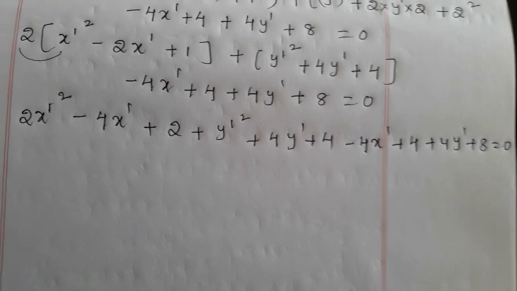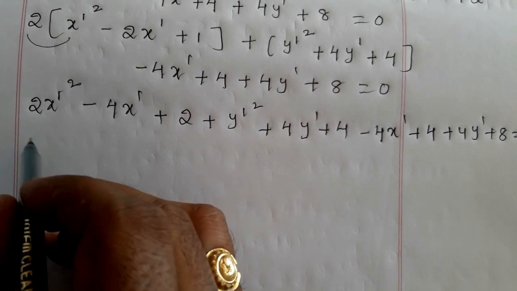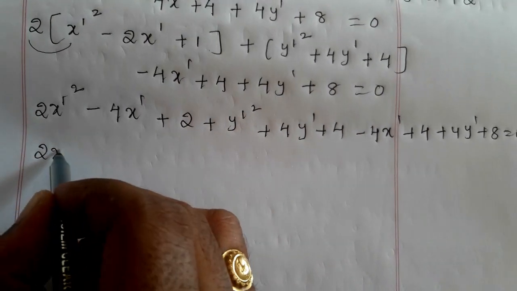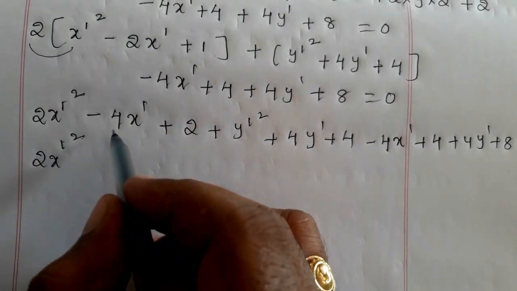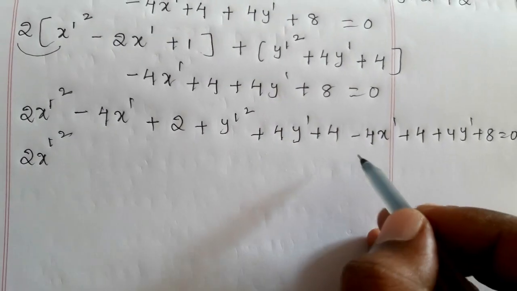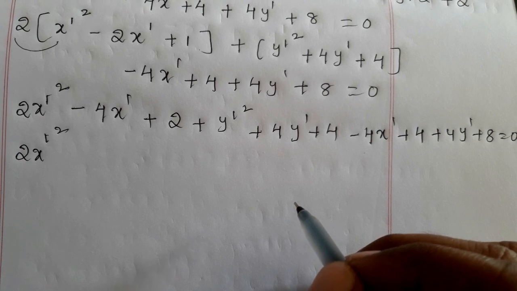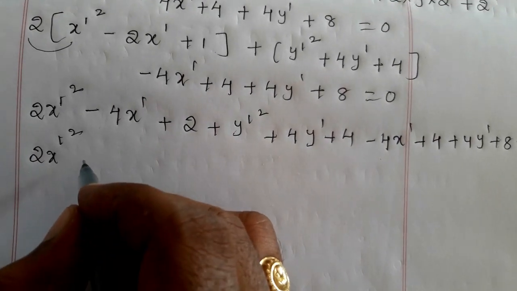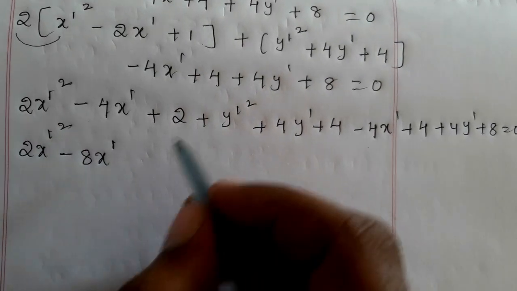Now you see the simplification. Only one x'² is there, so directly we can write 2 times x'². Here minus 4x' and here also minus 4x', adding both we get minus 8 times x'.